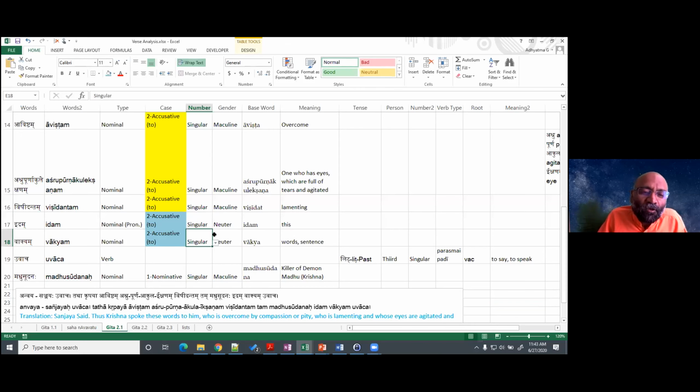Just to understand the context of this verse now. If you know the Gita, in the first chapter, Arjuna goes to the battlefield. Lord Krishna is his charioteer. He asks Lord Krishna to take his chariot between both the armies so that he can see whom he has to fight.